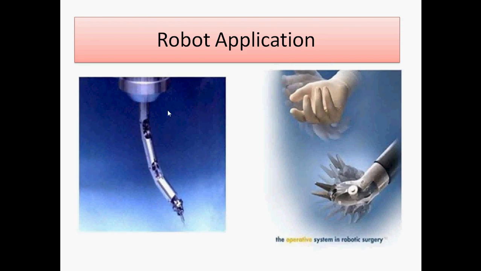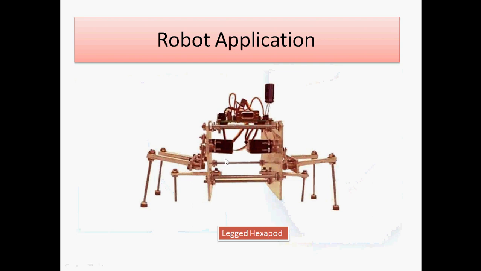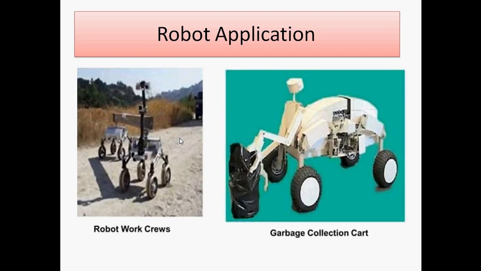This is a glimpse of robot surgery. Then nowadays specialized robots are being developed, that is legged hexapods. Hexapod robots have six legs, and they can survive on different surfaces. This is helpful in different conditions.